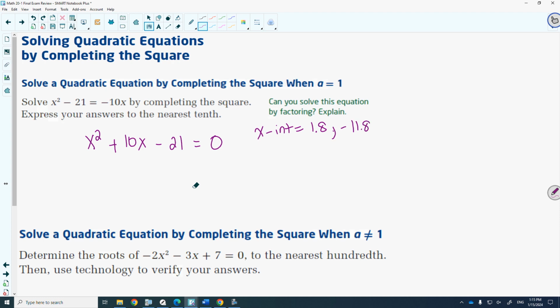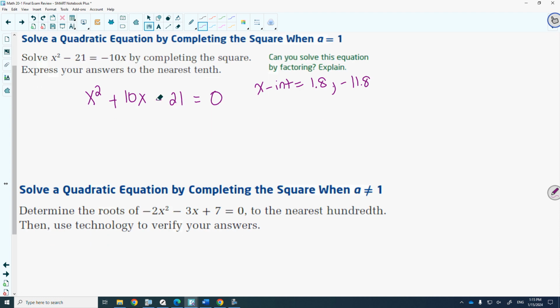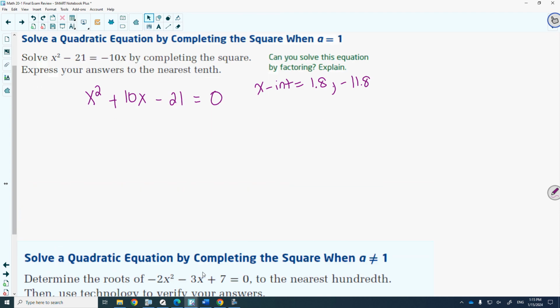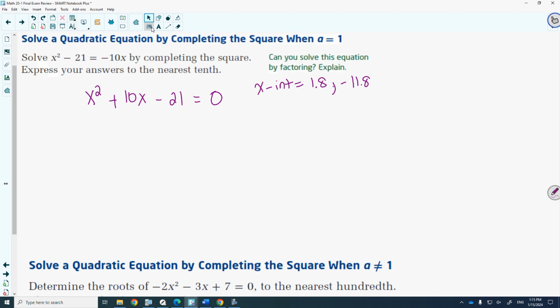Now, because we can't factor, we could either do the quadratic formula or we can complete the square. So let's actually do both to make sure that you know how to do both. Though out of these two, I would do quadratic formula. But let's do both. So x is equal to negative b. So negative, this is my b value.